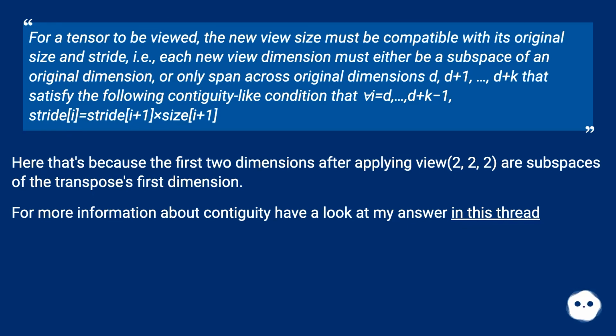Here that's because the first two dimensions after applying view 2, 2, 2, are subspaces of the transpose's first dimension. For more information about contiguity, have a look at my answer in this thread.